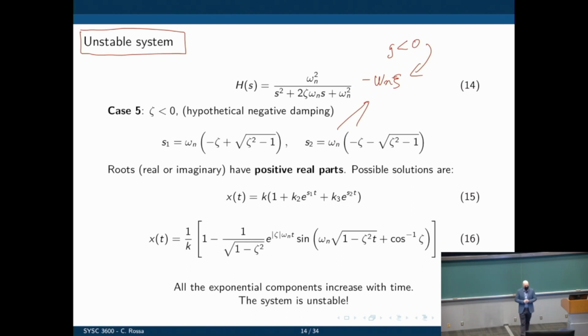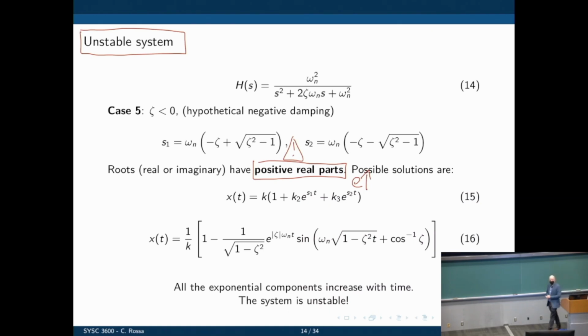For a negative damping ratio, the either real or imaginary roots will have positive real parts. And when they have positive real parts, the exponentials increase to infinity. The system is unstable, it never settles.